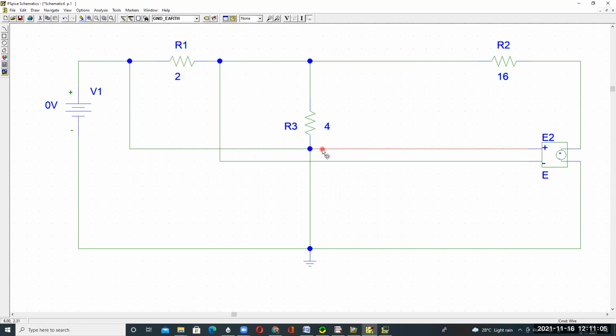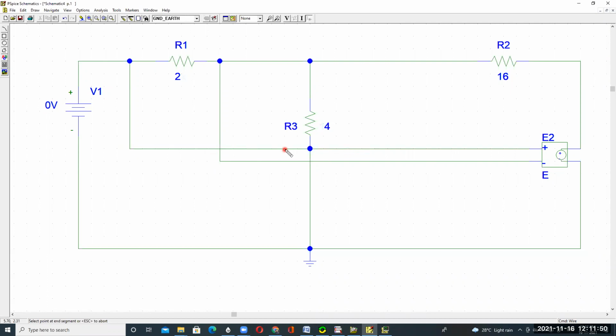So don't connect like this. Remove it. Take care of the connections like this. So connect this voltage source, then connect this resistor to this terminal of the voltage source.